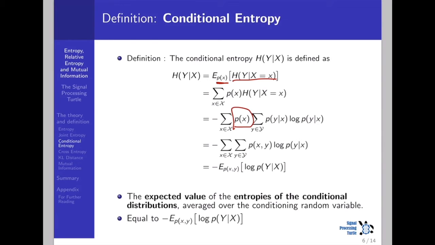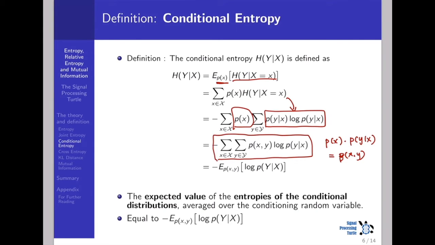Since the entropy of y given x can be calculated with this formula here, and since p(x) multiplied by p(y given x) is equal to p(x,y), you can write down the above formula into this form.